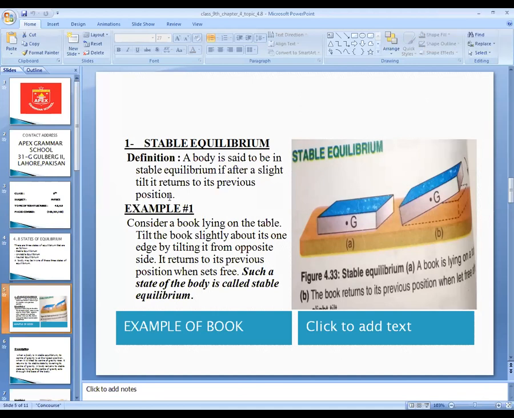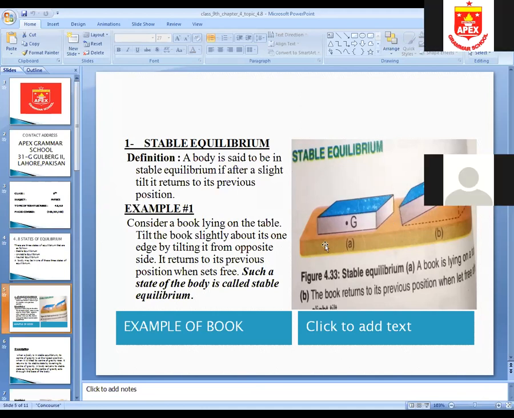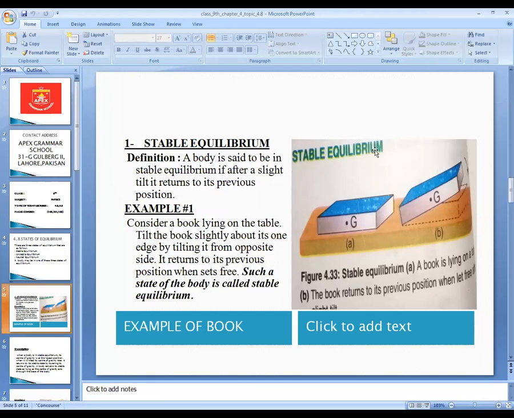The example we discussed today: consider a book lying on the table. If we tilt this book, what will happen? It will come back to its original position. This type of equilibrium is called stable equilibrium.